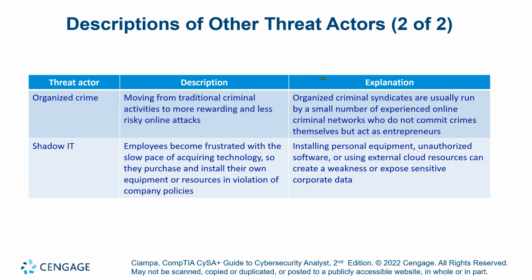Shadow IT, it depends. It can be intentional and unintentional. You have people that will buy cheap because, if it's an intentional situation, sometimes they're getting some sort of money in order to buy these.